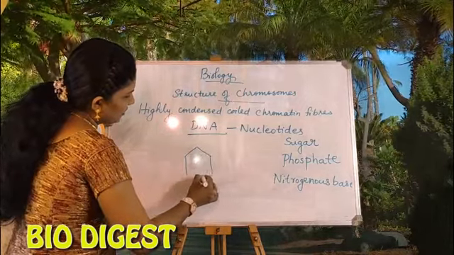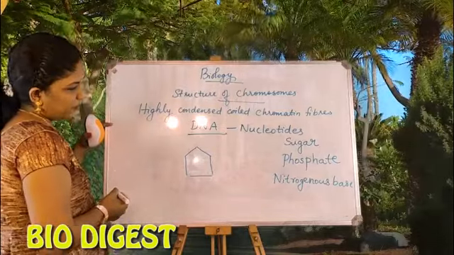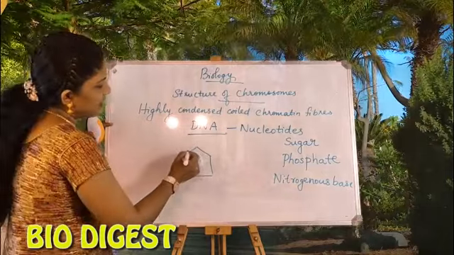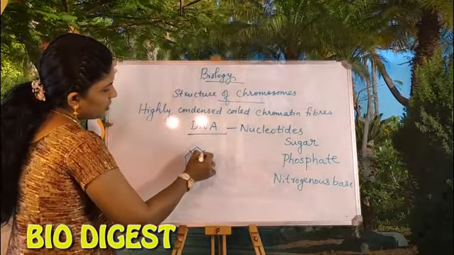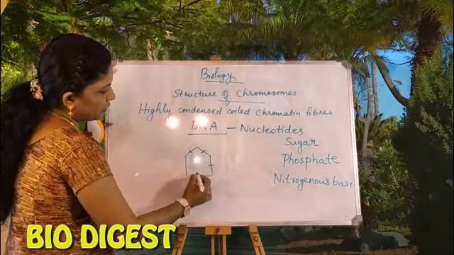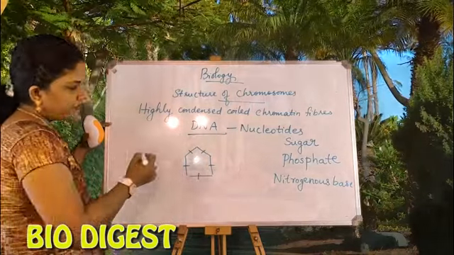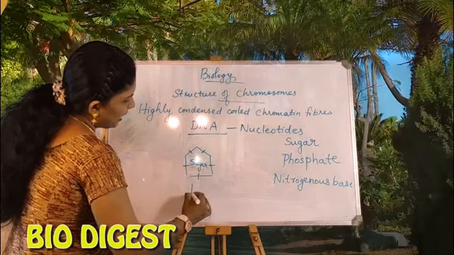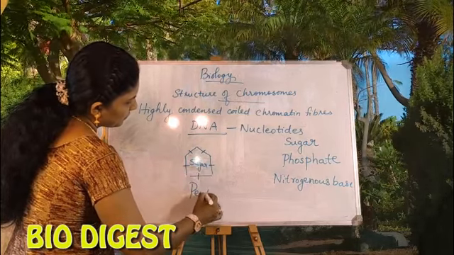DNA is consisting of a pentose sugar. Pentose means this is actually a pentagon, a 5-sided sugar. 1, 2, 3, 4, 5. A 5-sided sugar will be there, which is known as pentose sugar.